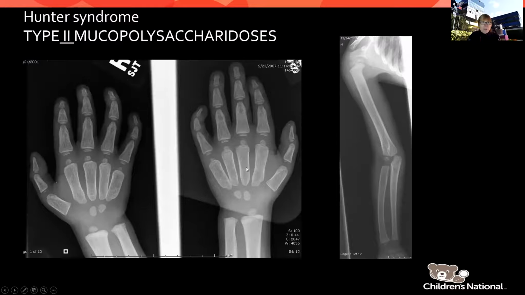But here for the mucopolysaccharidosis, you can see the ground glass appearance of the metacarpals, and this beaking at the base of the metacarpals is fairly classic for your mucopolysaccharidosis or dysostosis multiplex. So if you see that, you want to start thinking that it may be one of those patients.